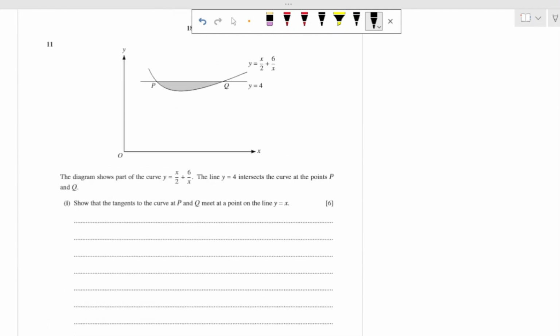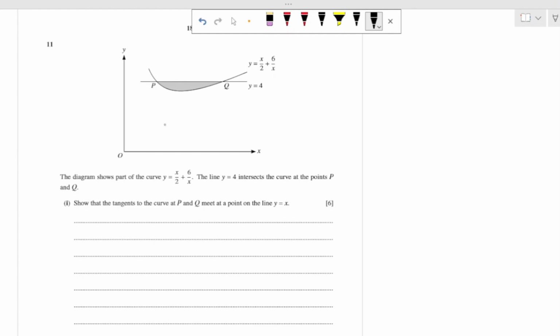Question 11. Diagram shows part of the curve y equals x over 2 plus 6 over x. The line y equals 4 intersects the curve at the points P and Q. Show that the tangents to the curve at P and Q meet at a point on the line y equals x.